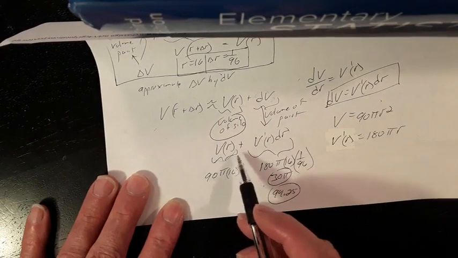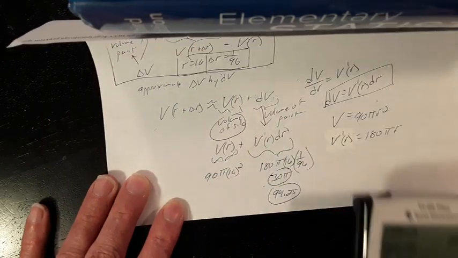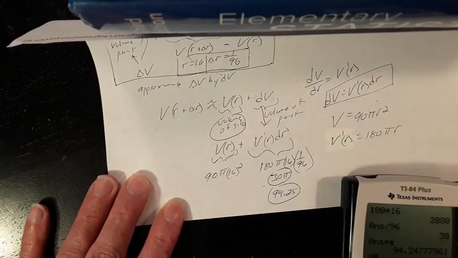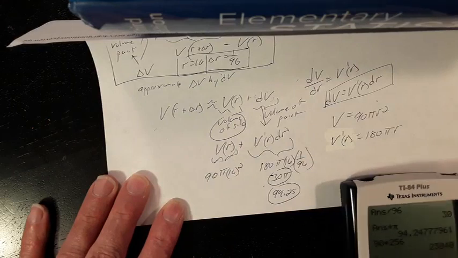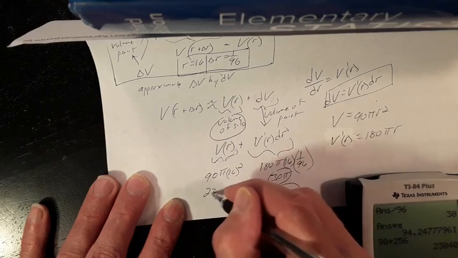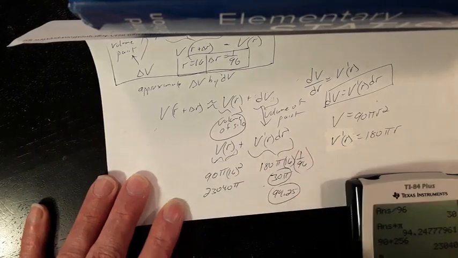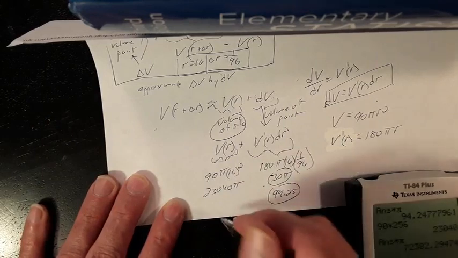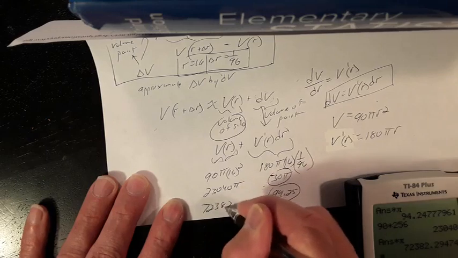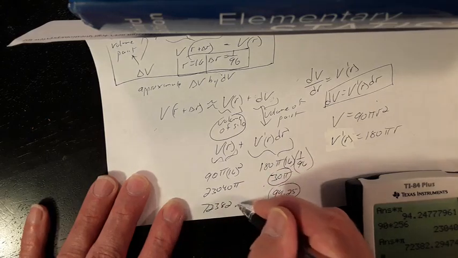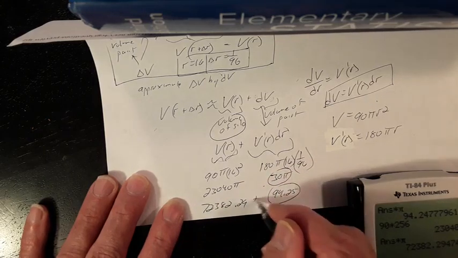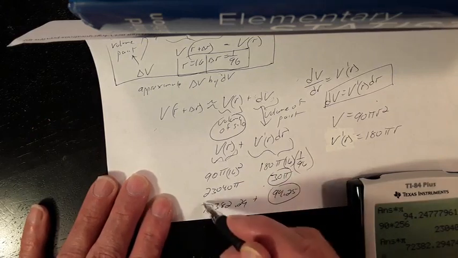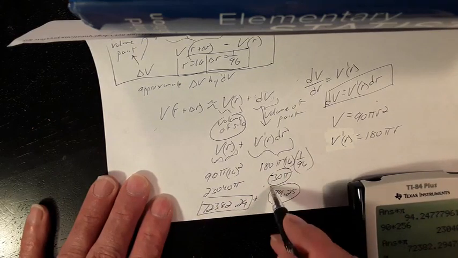So V of 16 is 90 times 256, which is 23,040 pi, which is approximately 72,382.29. So there's the volume of the silo.